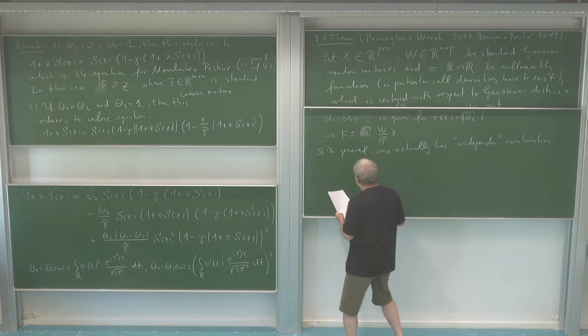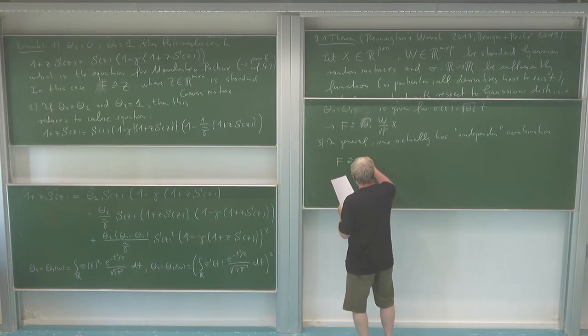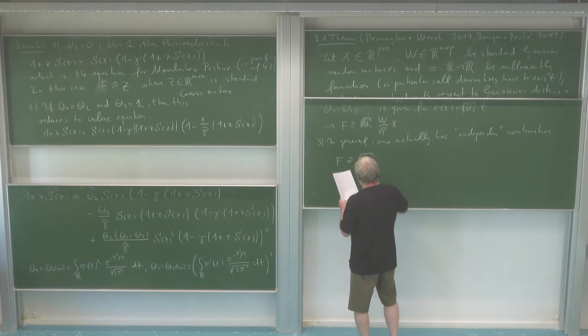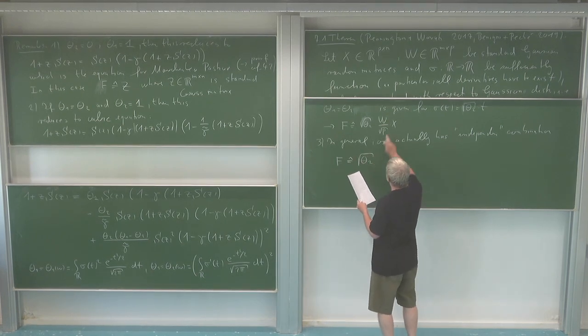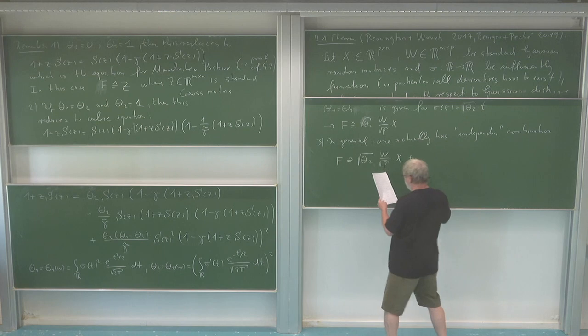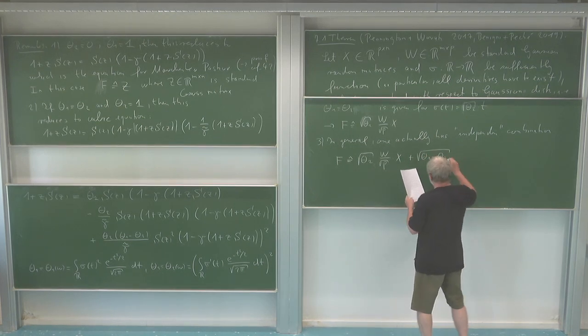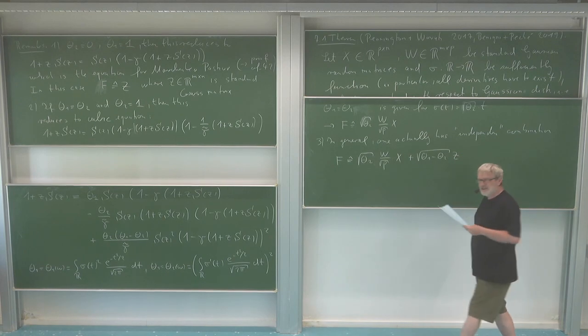So the f always corresponds to a combination, and this combination depends on theta 1 and theta 2. So it's the square root of theta 2 times w divided by square root of p times x, plus the square root of theta 1 minus theta 2 times z.